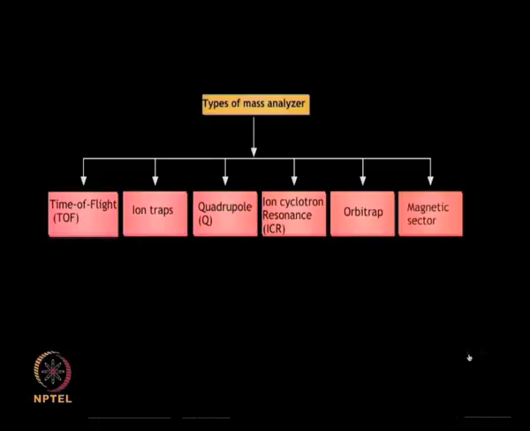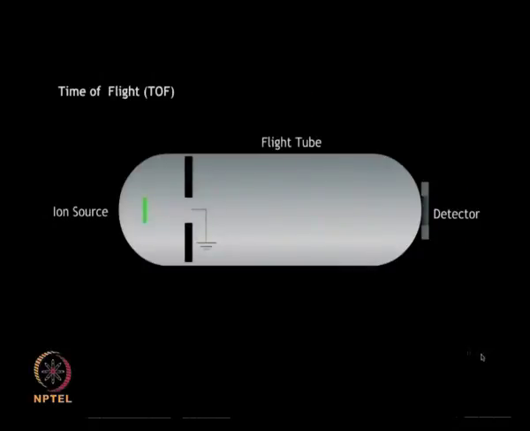The time of flight analyzer accelerates charged ions generated by the ionization source along a long tube known as the flight tube. Ions are accelerated at different velocities depending on their mass to charge ratios.